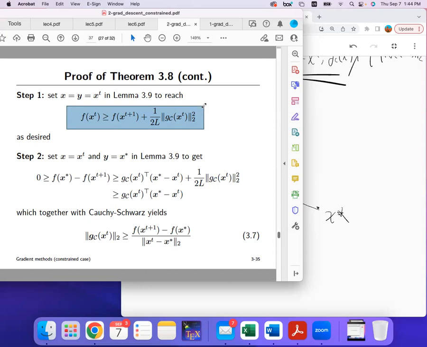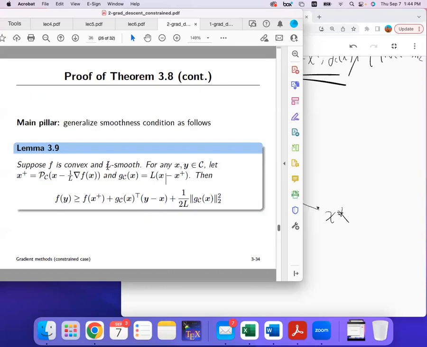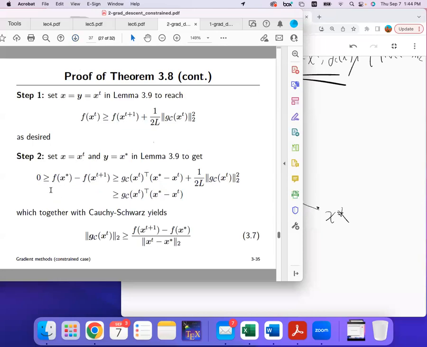To prove the result in step 2, we simply set x to be xt and y to be the minimizer x star. You put this into here, you can get this inequality. This is y, this is x plus, right? X is xt, so x plus is xt plus 1. And then you have the rest of the terms.